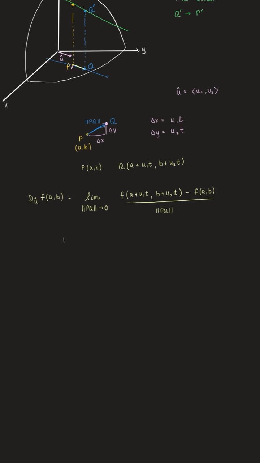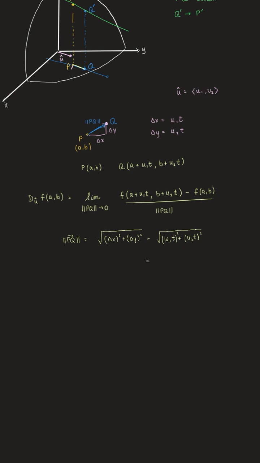Our magnitude PQ is actually just the square root of delta x squared plus delta y squared. And we know delta x is u1 t, and delta y is u2 t, because those are determined by our vector u.